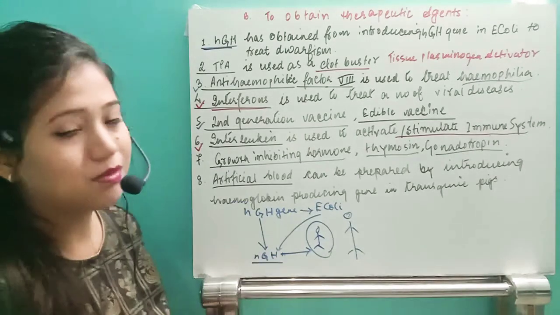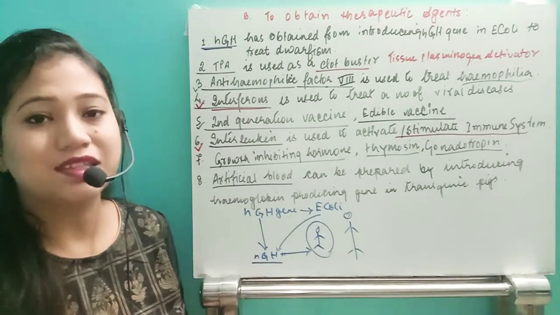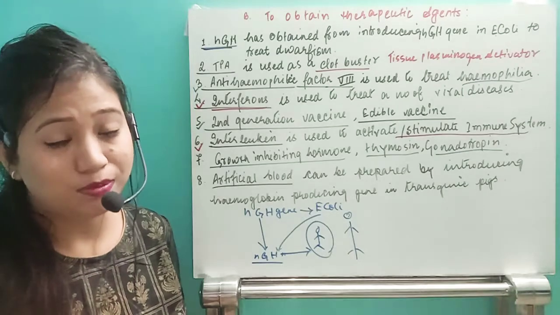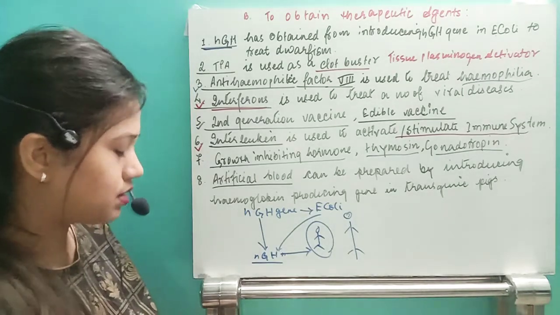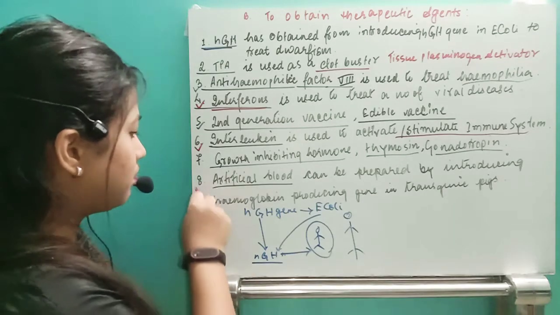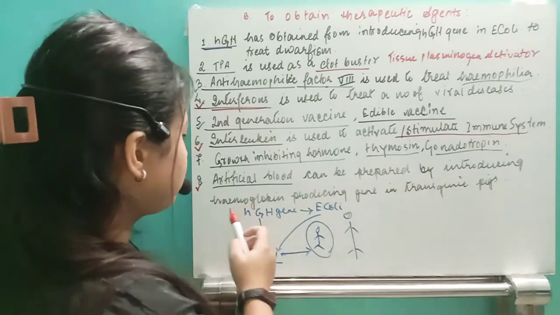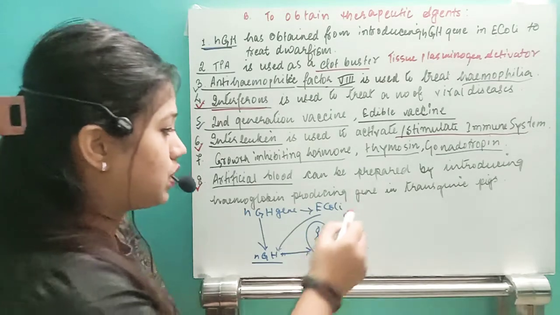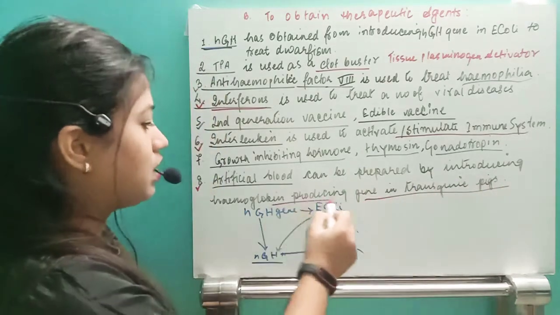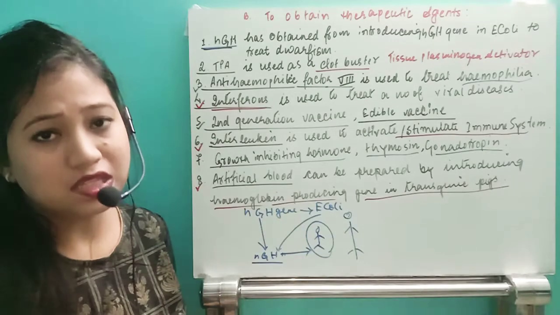Next one, artificial blood. So the time has arrived that blood can also be synthesized artificially. So what is it? This artificial blood can be prepared by introducing a hemoglobin producing gene in a transgenic pig. So in the transgenic pig, a hemoglobin producing gene is introduced.